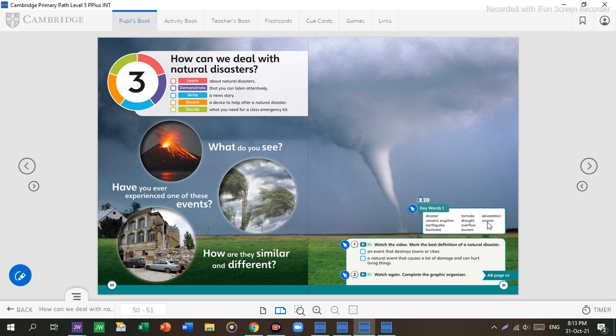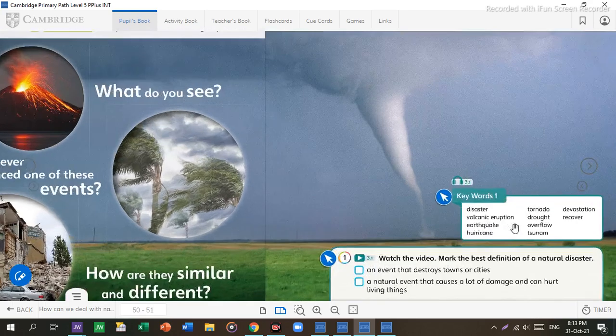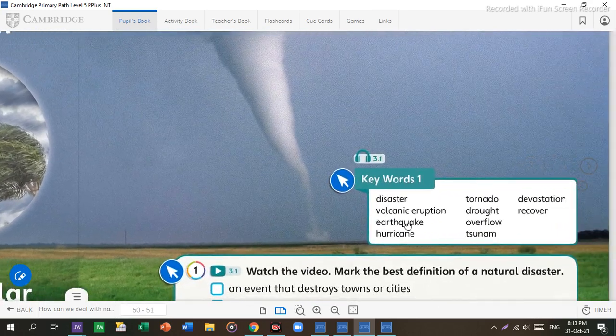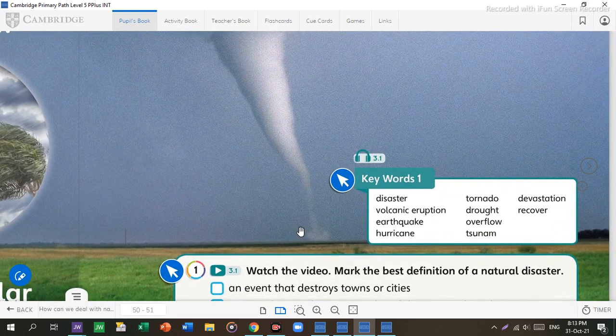So the first things first, okay? Oh man, okay, there we go. So in here, we have what we call keywords. I already told you before too, these keywords are important. There are 4 keywords for each unit.